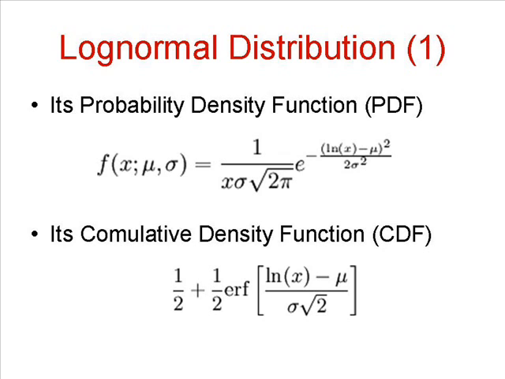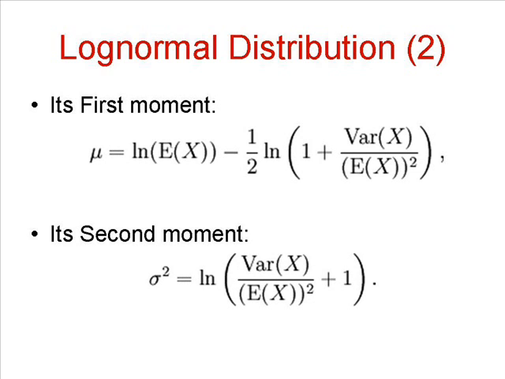The first moment of a log-normal distribution is the following, and it is equal to the natural logarithm of the expected value of our random variable x, which is our end-of-year portfolio value, minus 1/2 times the natural logarithm of 1 plus the variance of x divided by the expected value of x squared. The second moment is equal to the natural logarithm of the variance divided by the expected value squared plus 1. I will come back later on this point.